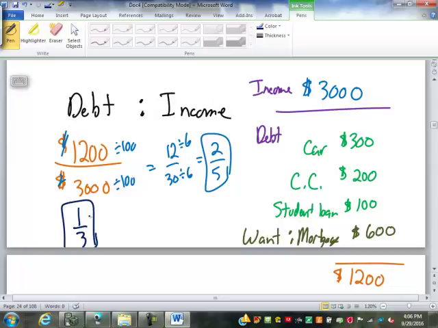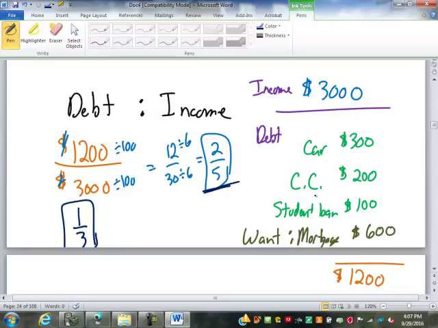If you had $1 of monthly debt for every $3 of monthly income, or less, you were usually good to go to make those payments. This one came out to be 2 to 5, which is actually slightly more than 1 to 3. So they most likely would not give you that loan.